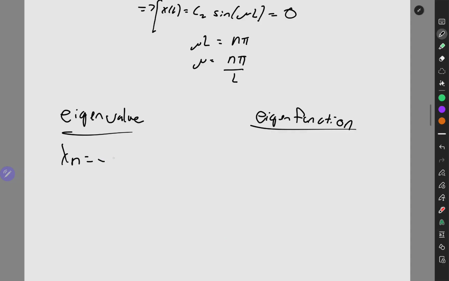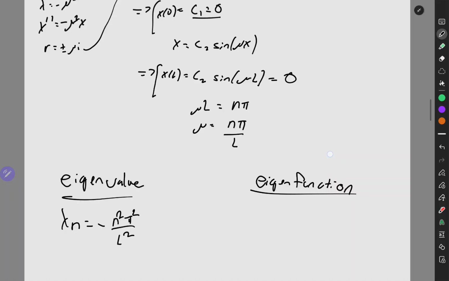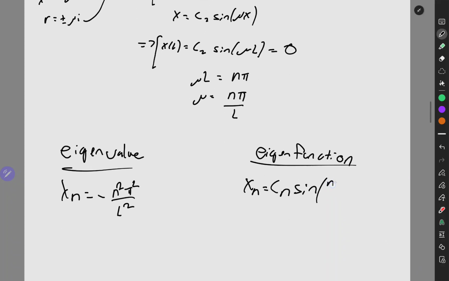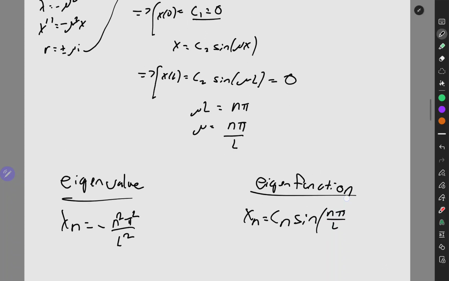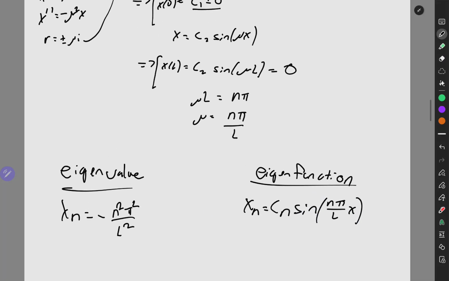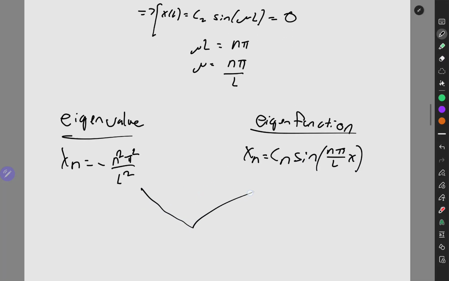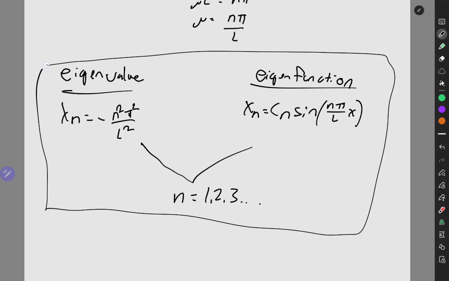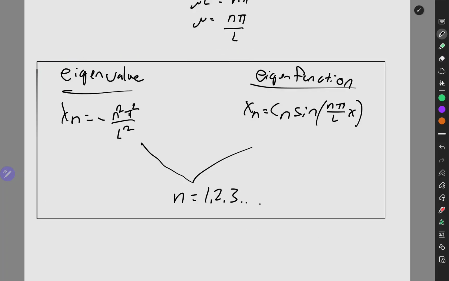Negative n squared pi squared over L squared. Eigenfunction is X_n equals C_n sine of mu_n, so that's n pi over L times x. And these are both, and so on. Bam. Let me make sure that's right before I continue. Yeah, it looks right to me.